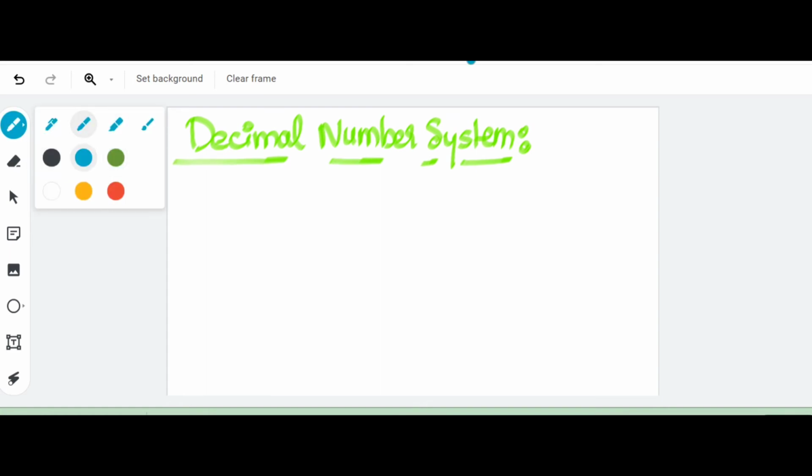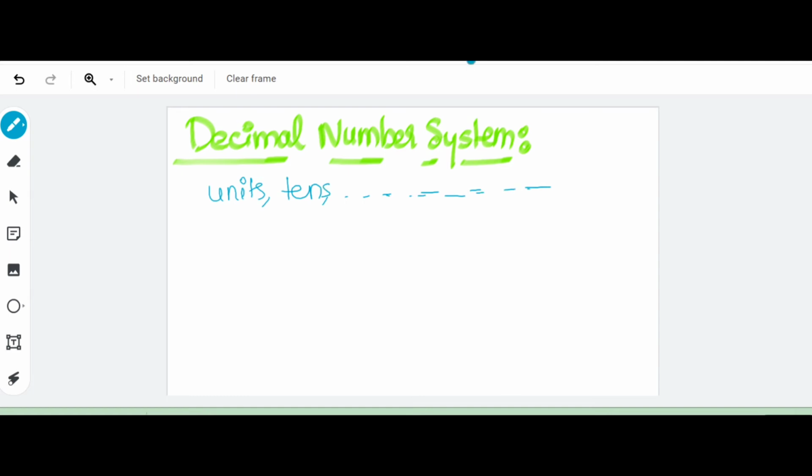Okay, so in decimal numbers we can express any decimal number in the form of units, tens, hundreds, thousands and so on. This is how you represent it, and here the decimal digits are from 0 to 9. Deci means 10, so here you will have the base as 10. Got it?